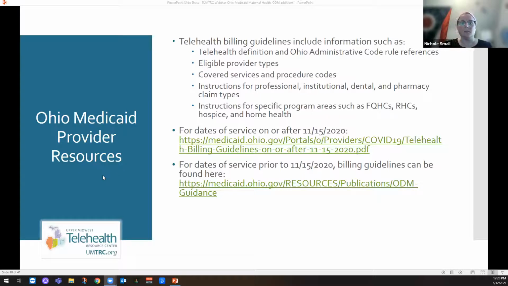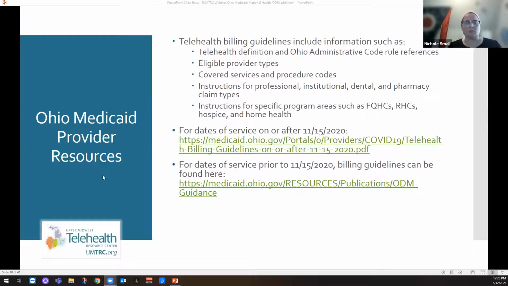Beginning in 2014, we have telehealth billing guidelines out there to assist providers. Depending on the date of service, we have instructions. With our policy implemented in November, there are specific guidelines for those dates of service, and also prior to that.